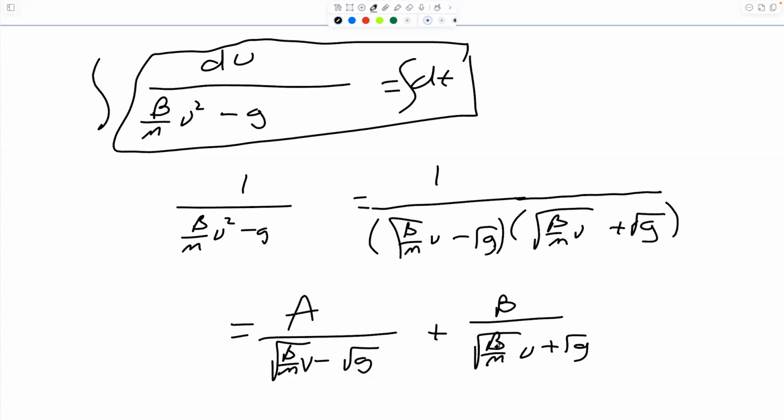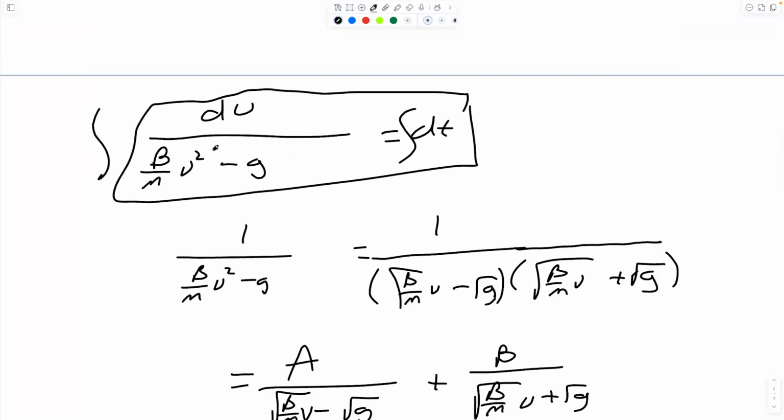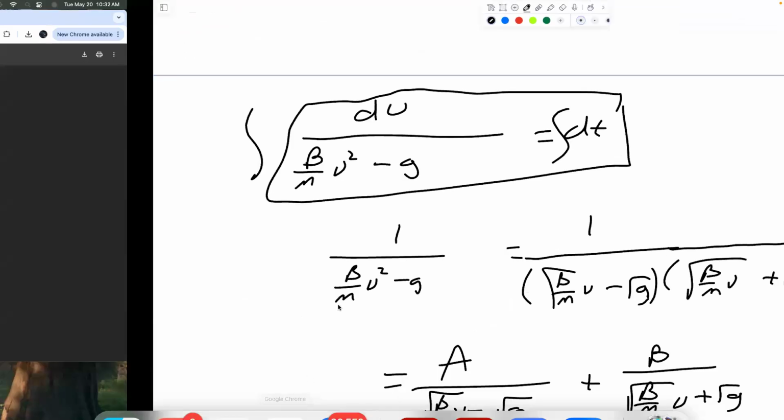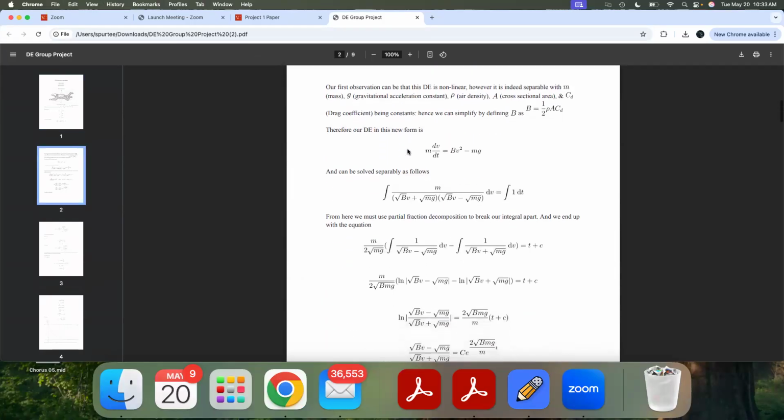They're both natural logs. So we get a log of junk plus another log of junk, and we squish our logs together. It turns out one of them's negative, so you get a log of a fraction, and so forth. So this is the hardest part of the project, solving this integral here. Now I'm going to show you what you actually end up getting.